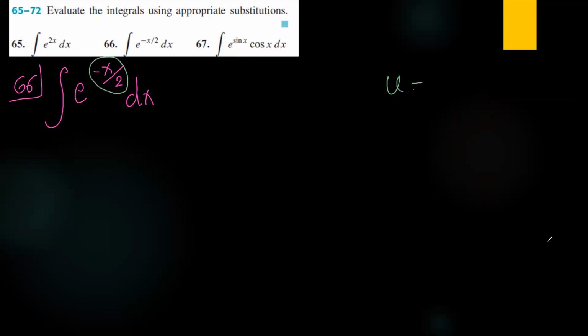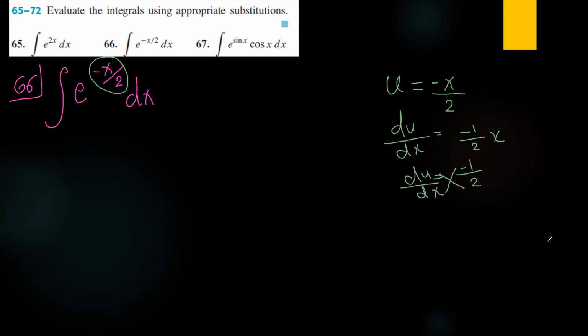So if u is negative x over 2, du over dx will be negative half. I want dx only, so by cross product, negative dx will be 2 du over negative 1, so dx will be negative 2 du.